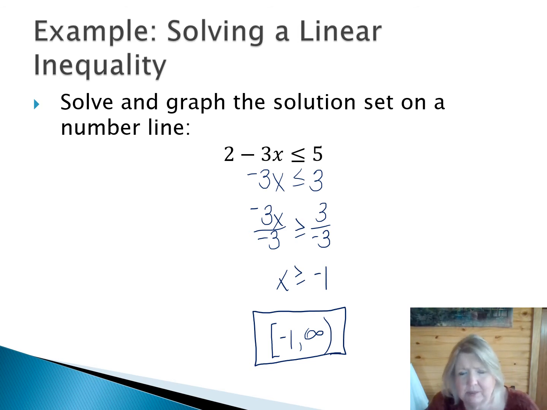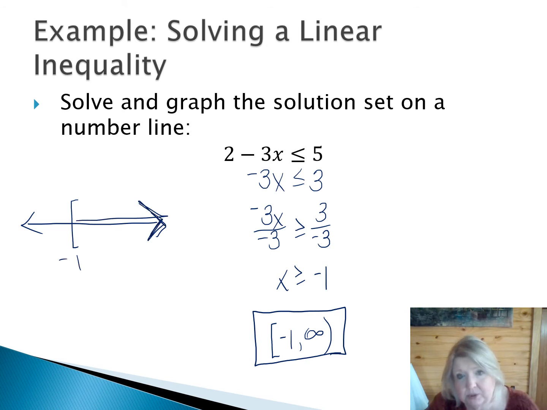Now, I want to point this out because I want you to see a way to check. If I substitute negative 1, then I end up getting 5 equals 5, and I have not checked to make sure I've got the inequality right. But if you look at where that falls on a number line, I have started at negative 1 and colored everything in this direction.